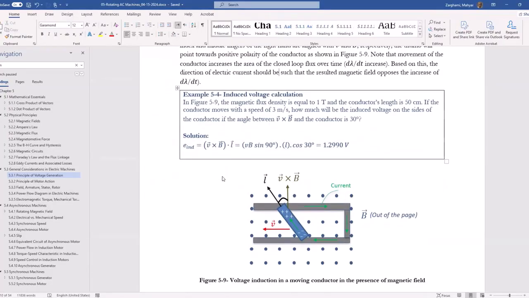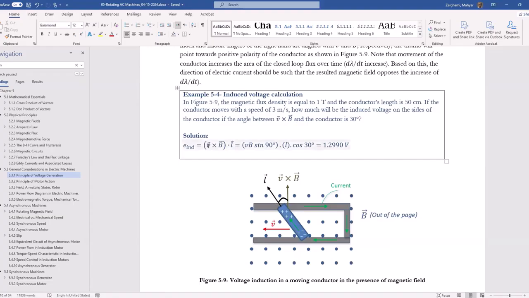All right, so let's go to example 5.4. In this figure, we have a flux density equal to 1 Tesla, and the conductor's length is 50 centimeters. If the conductor moves with a speed of 3 meters per second, how much will be the induced voltage on the side of the conductor if the angle between V cross B and the conductor is 30 degrees?